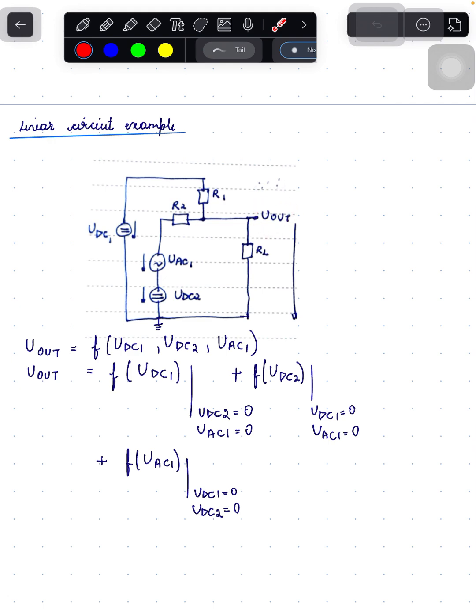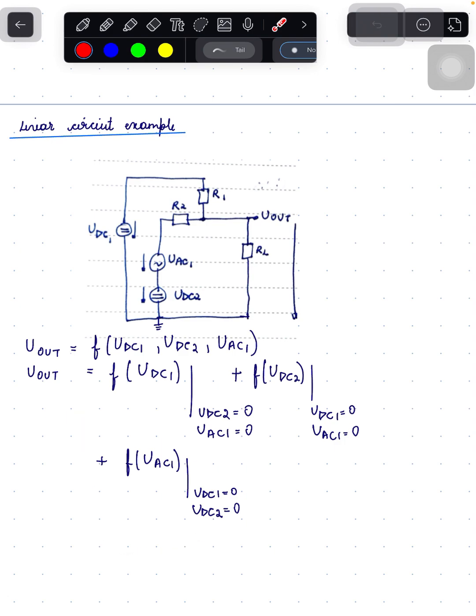U out equals a function of UDC1, that is, short the other two sources UDC2 and UAC1 and find the output voltage, plus short UDC1 and UAC1 and find the output voltage, plus short UDC1 and UDC2 and find the output voltage, which is shown in this equation.